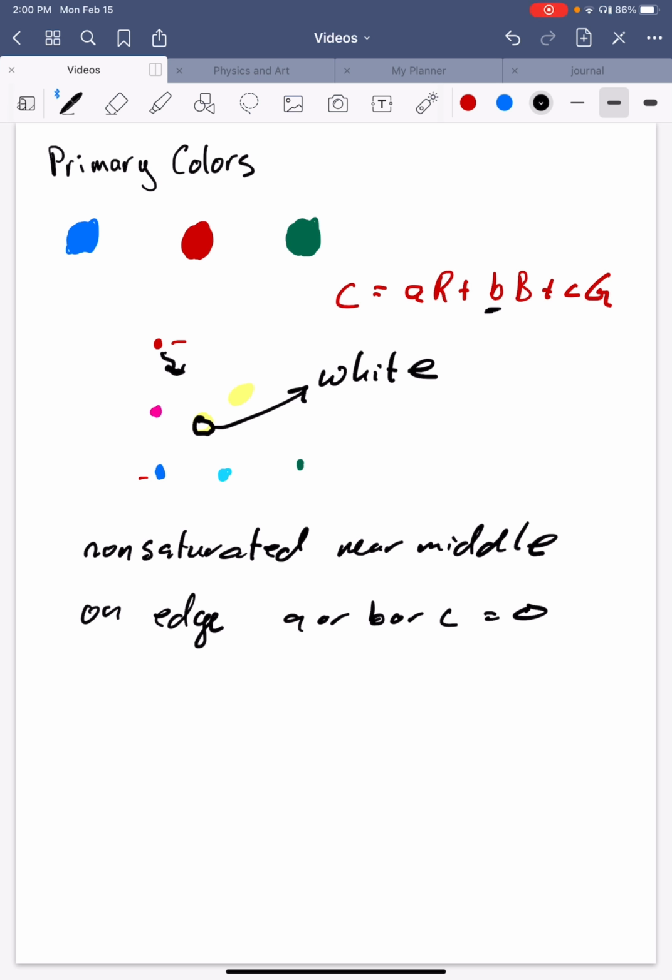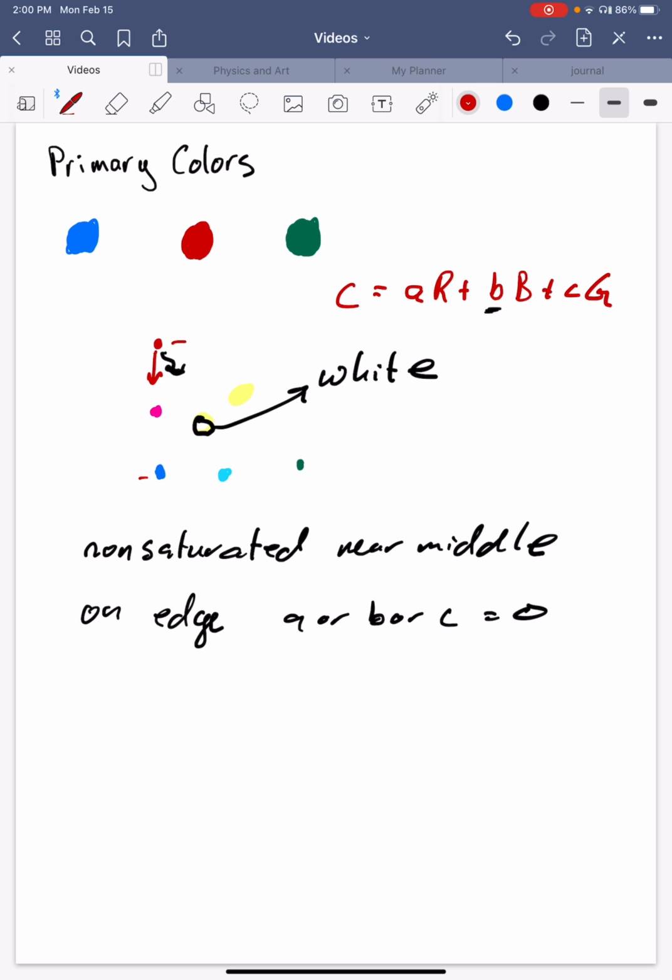But if I move in this direction, I'm changing hue and I'm still a pure color. So as I move on a straight line between my color and the white center, I'm not changing hue, I'm just changing saturation. As I move other directions, I am actually changing hue if I'm not moving on a straight line between the color of choice and the center.